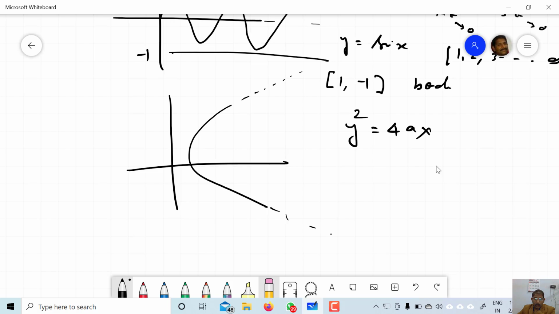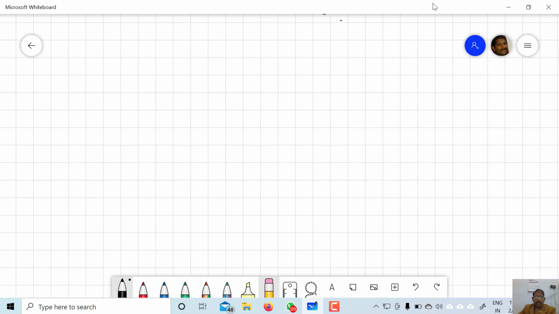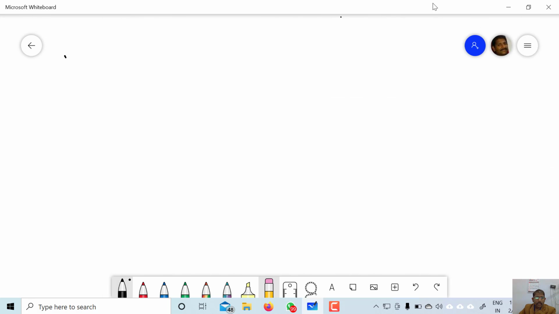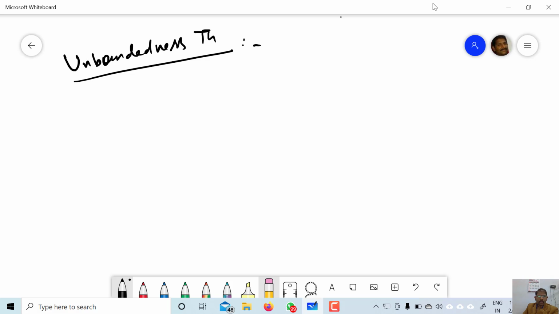So the theorem for unboundedness is what I am going to explain. There are two parts of this theorem, one for the primal and the other for the dual.